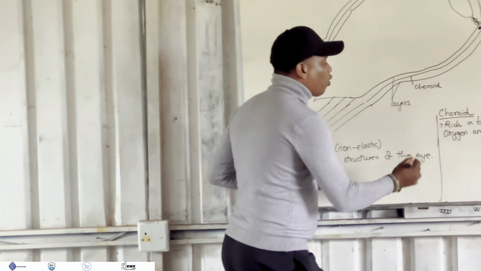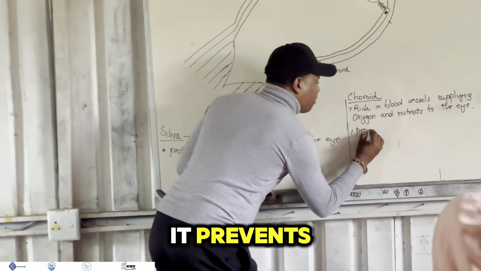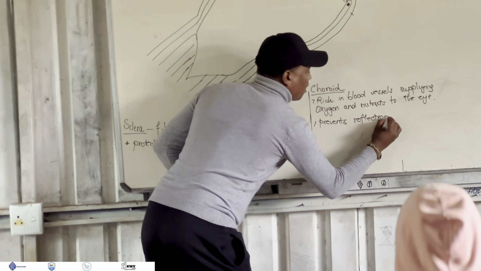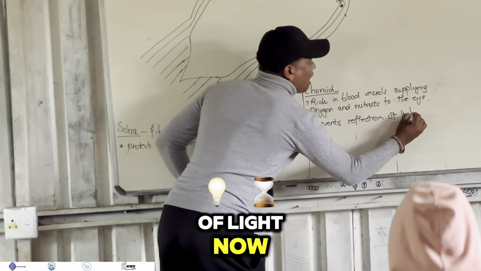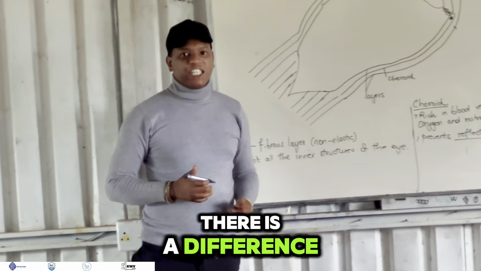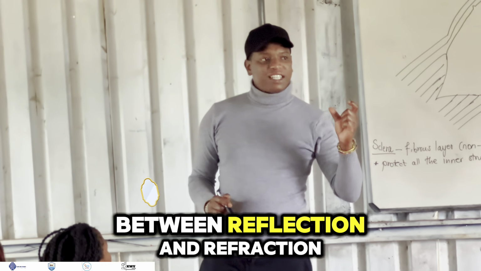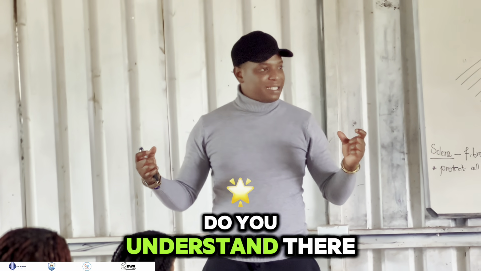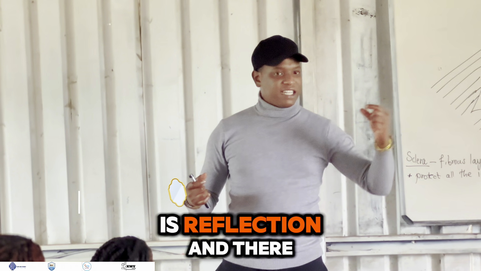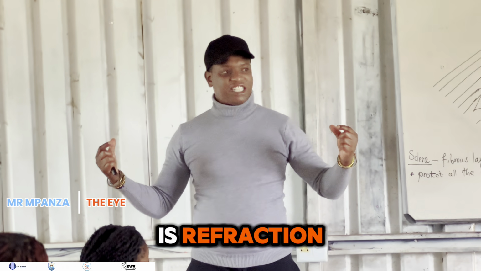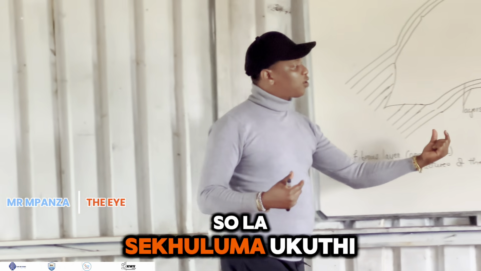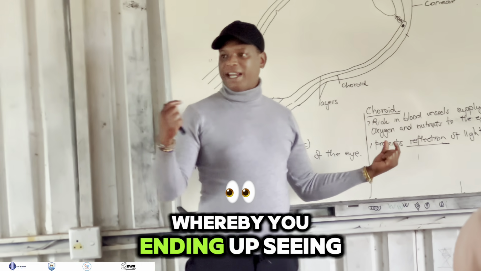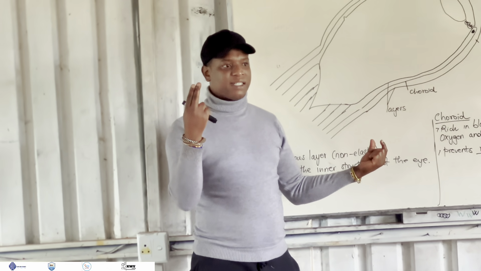Another thing to know about the choroid is that it prevents a reflection of light. Now you must understand there is a difference between reflection and refraction. Do you understand? It prevents the reflection of light, whereby you end up seeing two images.